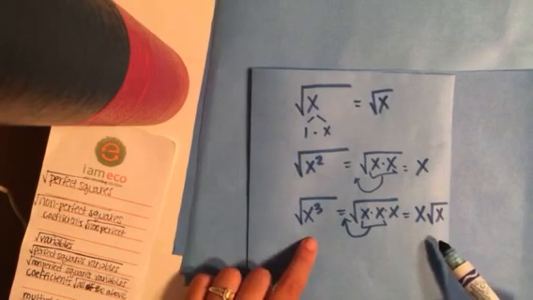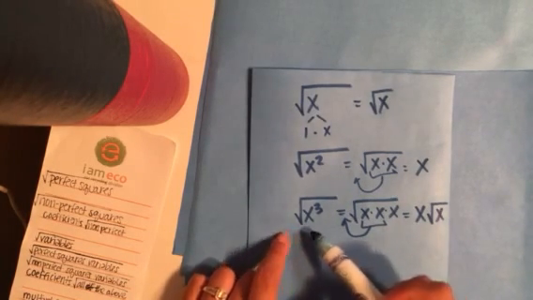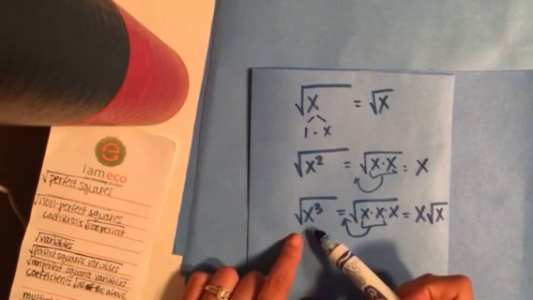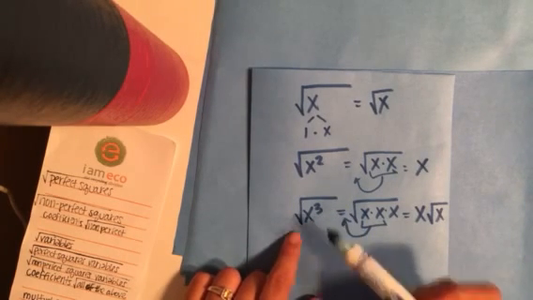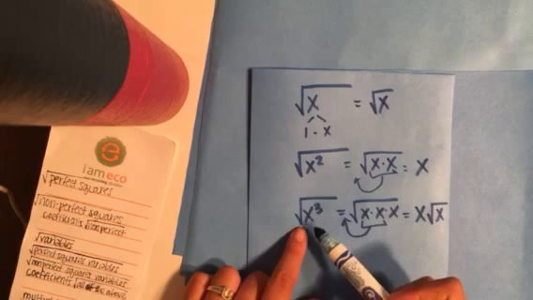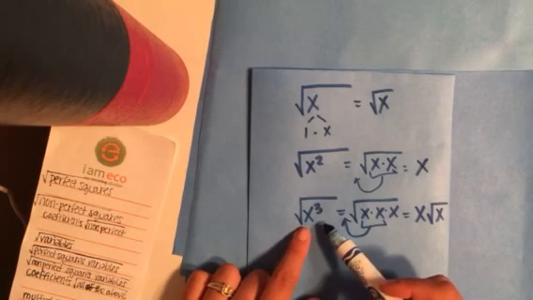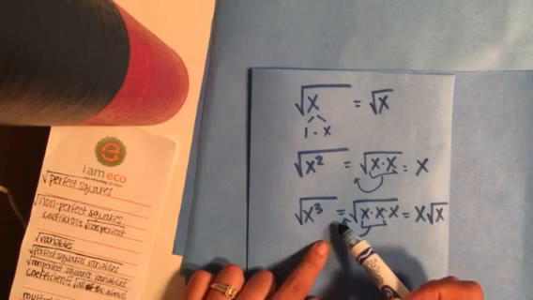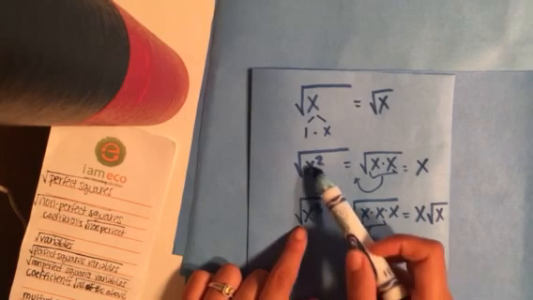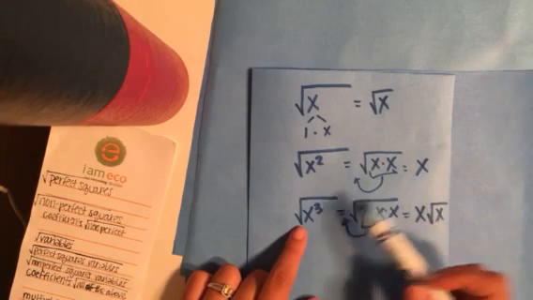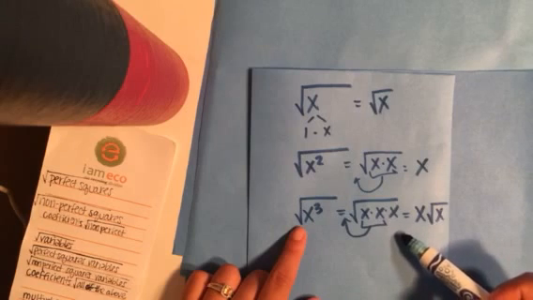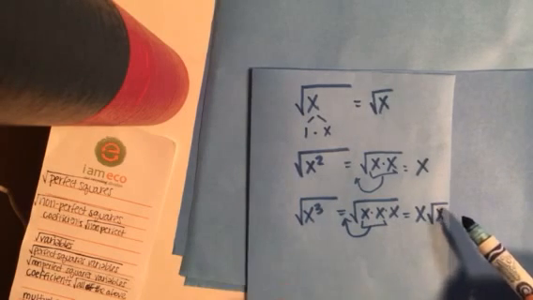But what we want to show is that if we're taking the square root of x to the third, we're looking for what times itself equals x to the third. Somewhere within here is x to the second power times x. So x to the second power has a square root of x, and we can't do anything with that leftover x, so we leave it under the radical.